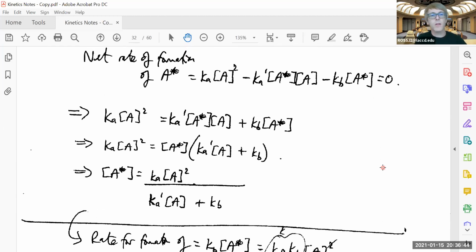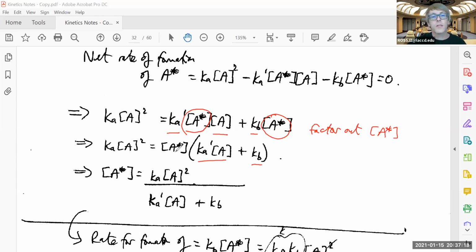So now we can just start to do some manipulation of this algebraic expression. So again, we made everything positive. Now we notice that we have an A star here in this term and an A star here. So let's factor that out. So we can factor out the term A star, our activated compound A. And then we're just left with Ka prime and A, which is here, and then Kb, which is here.